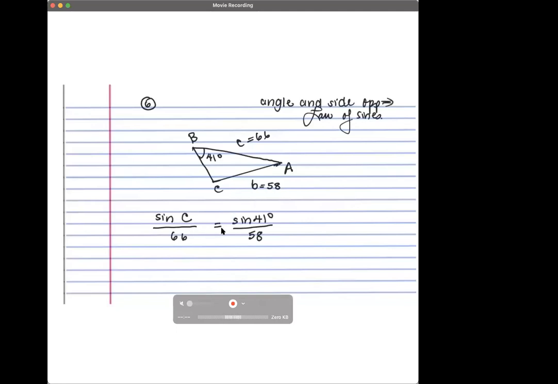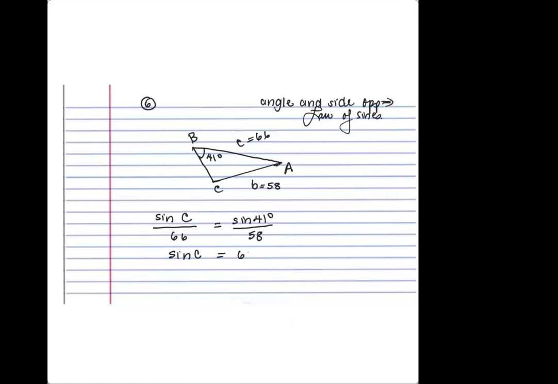To solve for sine of C, I'm going to multiply both sides by 66. So I have sine C is equal to 66 times sine of 41 over 58. When I solve for C, I'm going to do that by taking the arc sine of both sides.